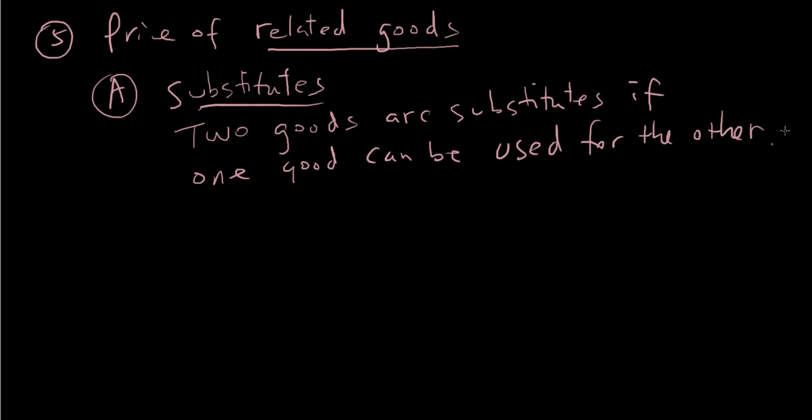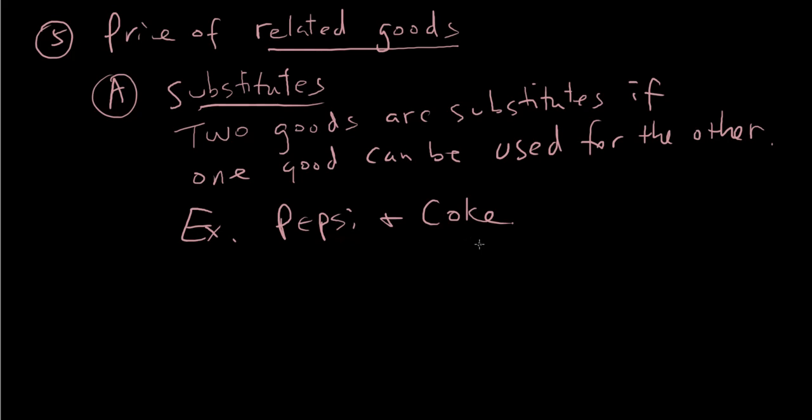Okay, so there are many examples of this, but what would be a good example? The best example, maybe the classic example, is Pepsi and Coke, right? So for most people, they can substitute Pepsi for Coke and vice versa, right?